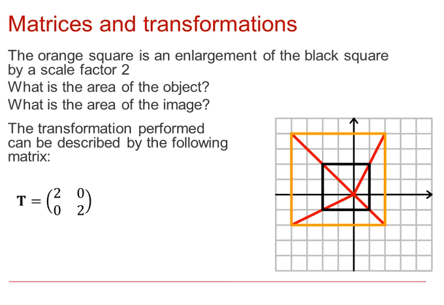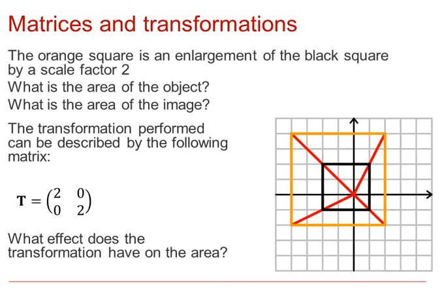The transformation can be described by the matrix T equals (2, 0; 0, 2). So an enlargement of scale factor 2 has the effect of an area scale factor of 4. You may wish to pause the video here and try different enlargements to see if you can spot the pattern or relationship.